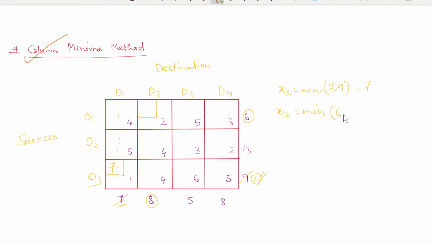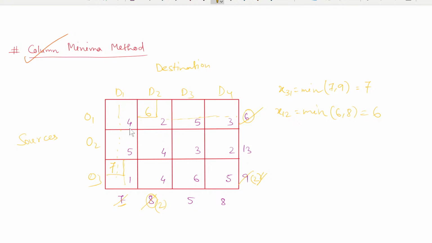The minimum of 6 and 8 is 6, so we allocate 6 here. Therefore the availability of origin O1 is exhausted, and the demand for destination D2 is remaining 2 units.